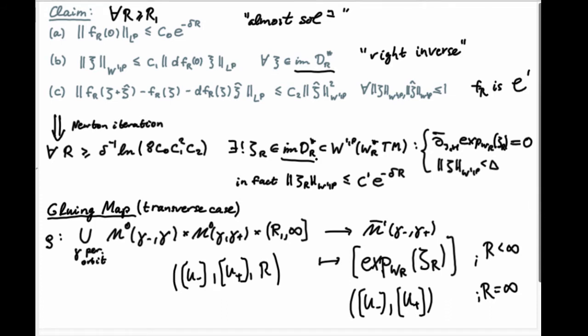What is this good for, actually, right? Why do I need the gluing map for finite gluing parameters? So one answer is, well, I want to give this space the structure of a manifold with boundary. And in order to do that, I need to make a homeomorphism to a neighborhood of a boundary point. That's the boundary point here, and the neighborhood is given by the actually glued curves.